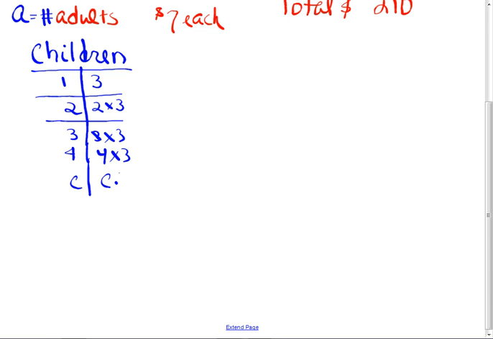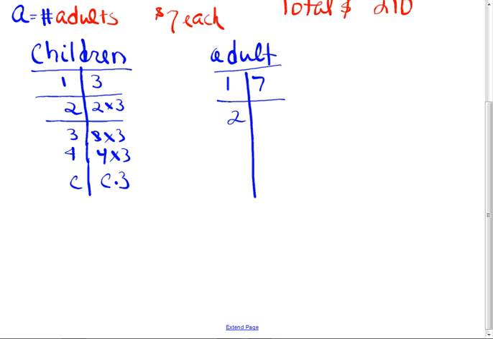C times 3. So what I'm doing is taking this number and multiplying by 3. Not slope, similar, but it's not slope. What about the adult tickets? Those were $7 each. So if you sold one, you're going to bring in, how much, Lindsay? 7. If you do 2, well, 7 times 2. What if you do 3?